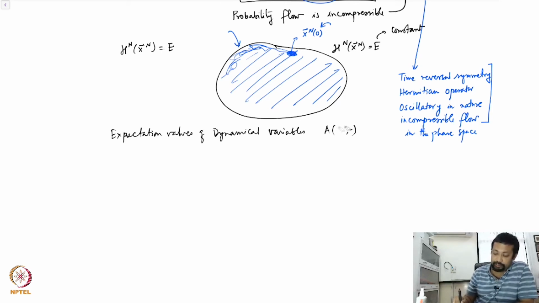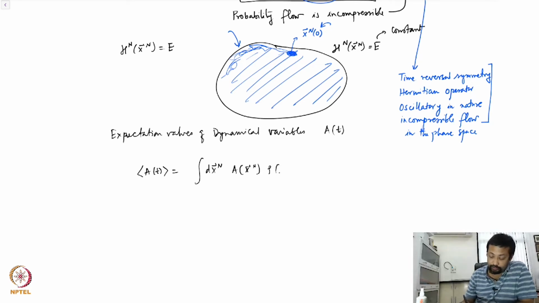Well, not xn. We are typically going to be interested in dynamical variables A of t, right? Then the average of A of t is defined as the integral d of xn, this is the measure, A of xn, rho of xn comma t, right?